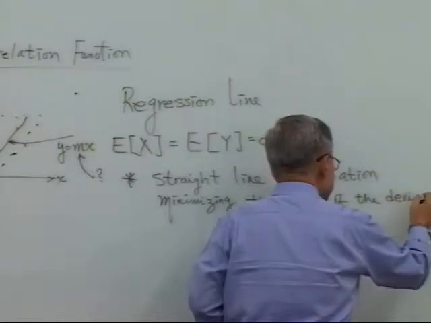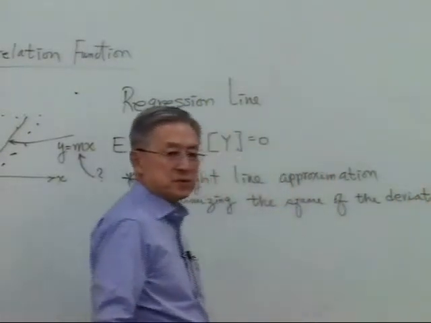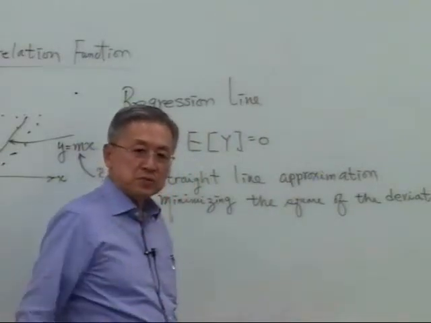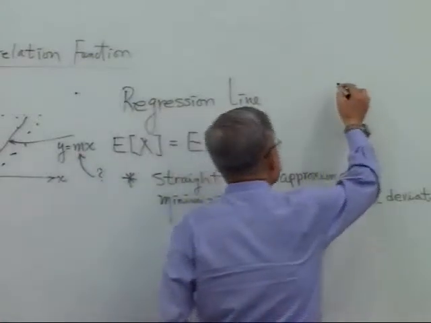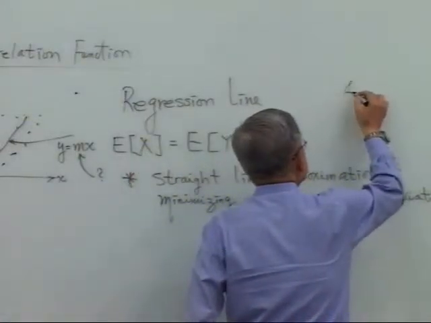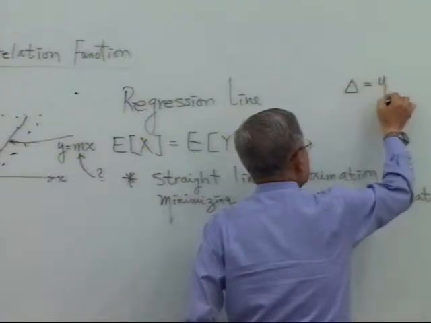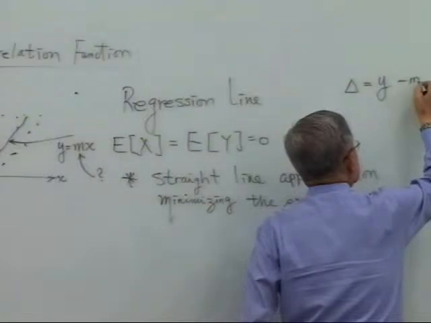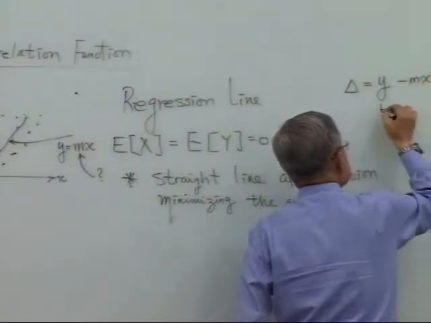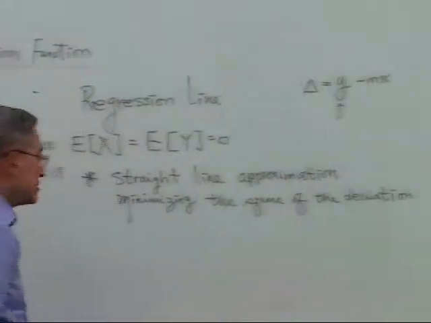Deviation really means the difference between the two numbers. We usually set the deviation as a delta. Delta, the deviation, is y minus mx. In this case, y is a real data set number.